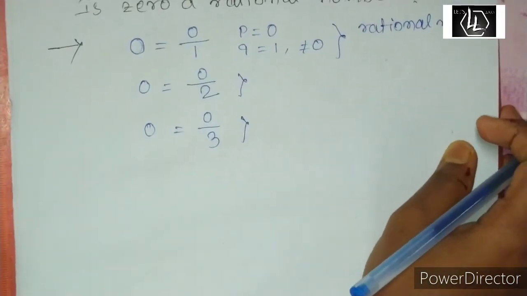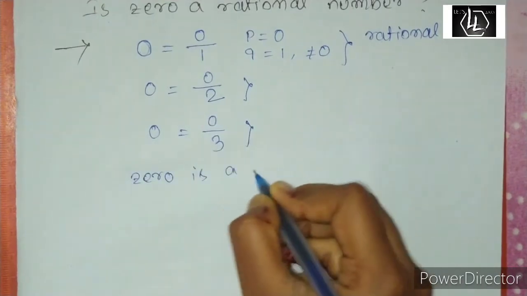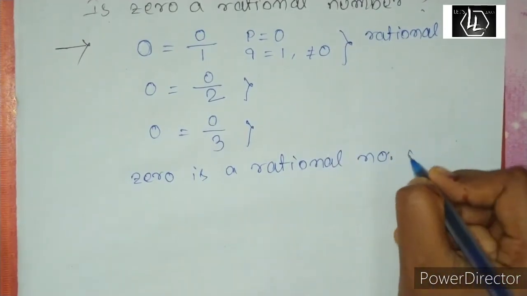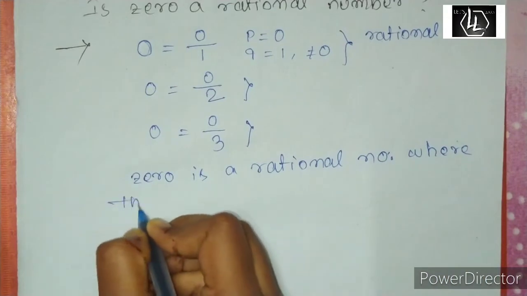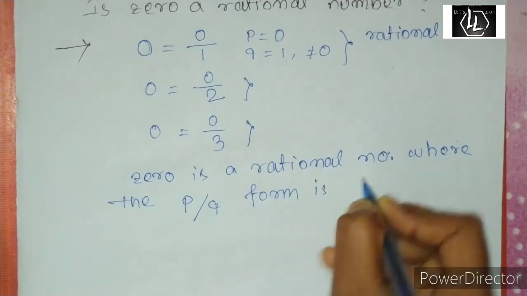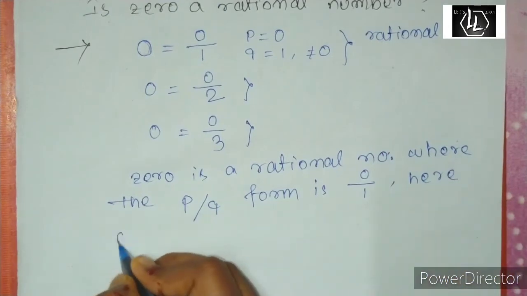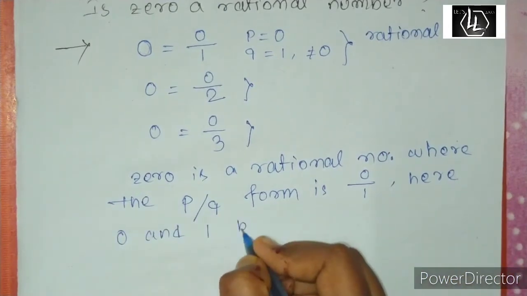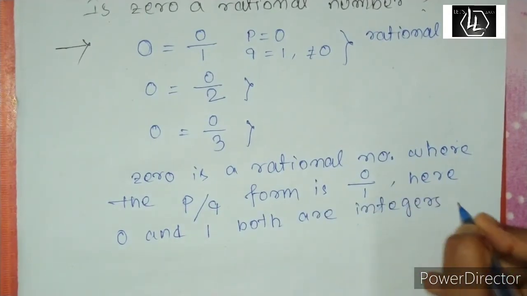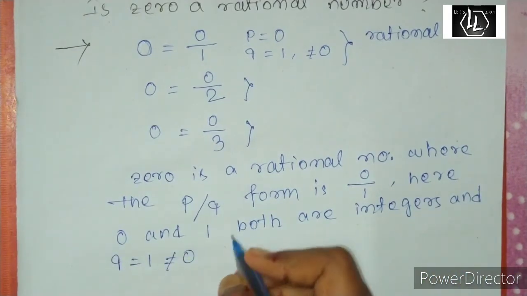So now we can conclude that 0 is a rational number where the p by q form is 0 by 1, and here 0 and 1 both are integers, and q that is equal to 1 is not equal to 0.